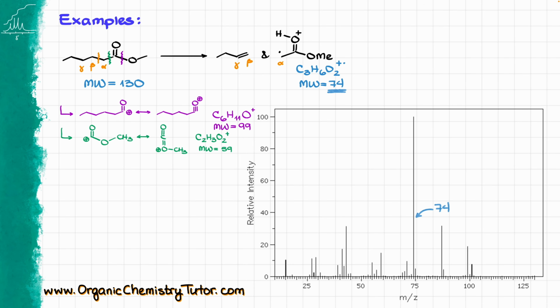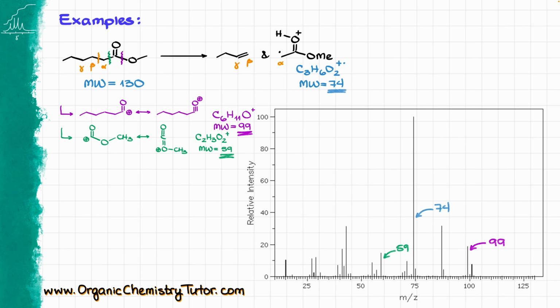We have signal at 74. Then we have our signal at 99. That one is right over here, so that is our 99 signal. And of course, we can also identify a signal at 59. That 59 signal is right over here.